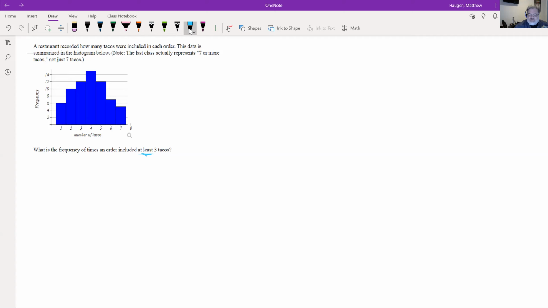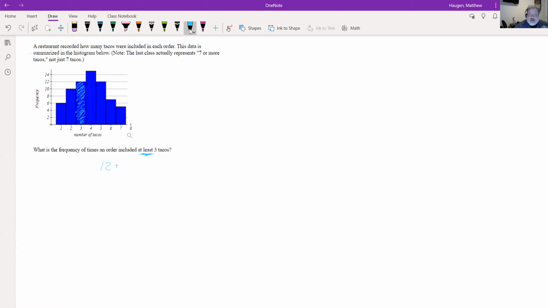So if you have, what orders include at least 3 tacos, certainly the bar for 3 tacos is going to be included in that list. So if you ordered 3 tacos, that means you got at least 3 tacos. So there's going to be those 12 people, to be sure.